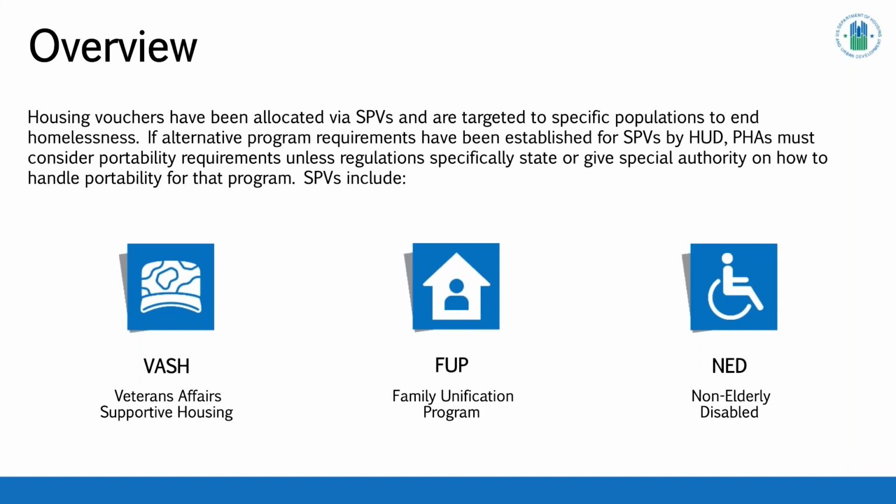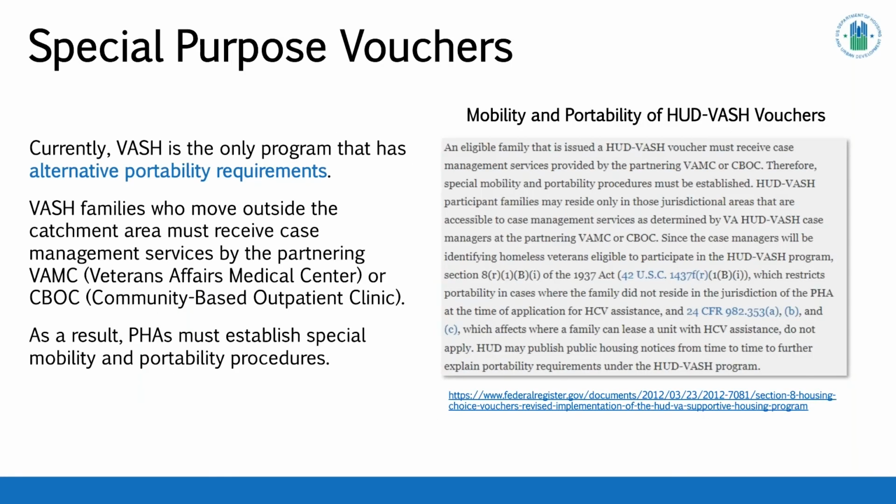Some SPVs include the HUD VASH vouchers, the Family Unification Program or FUP vouchers, the non-elderly disabled or NED vouchers. Currently, the HUD VASH voucher is the only program that has alternative portability requirements.